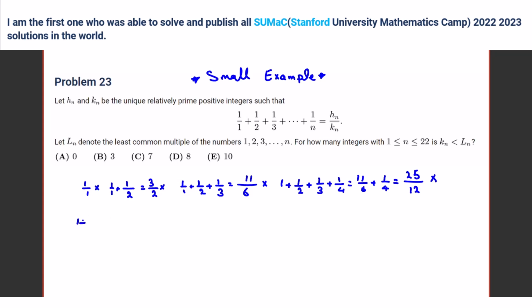Yeah. Agreed? Okay, so 1 plus 1 half plus 1 over 3 and so on. We want to find the first number that works. If you check this one, again the LCM is 5 times 4 times 3, 60, right? Yeah. And it is 60 plus 30 plus 20 plus 15 plus 12. When it says Kn is less than Ln, it means that you can simplify, right?